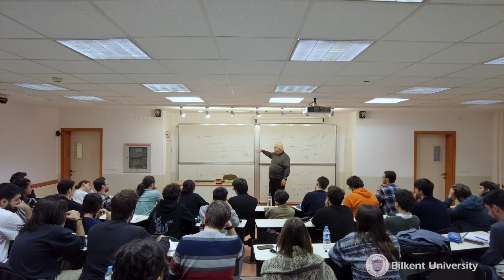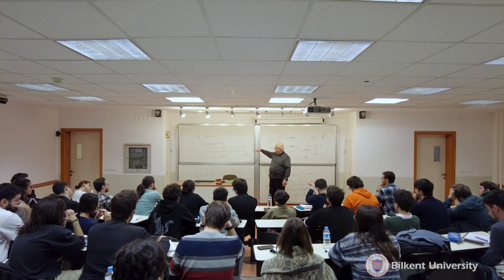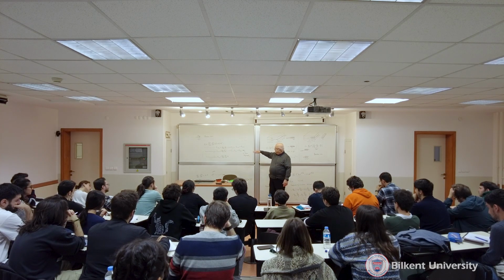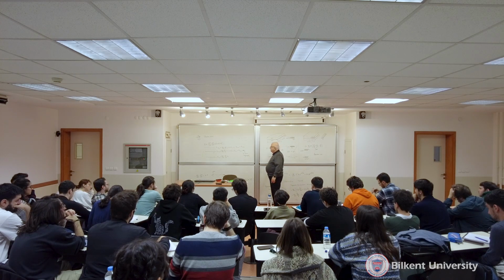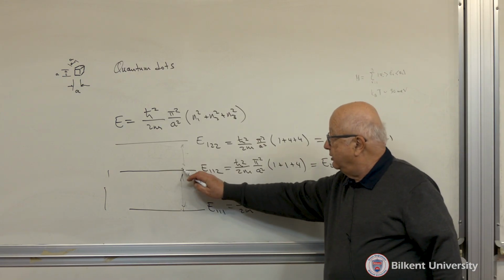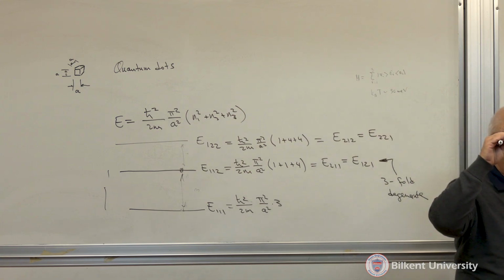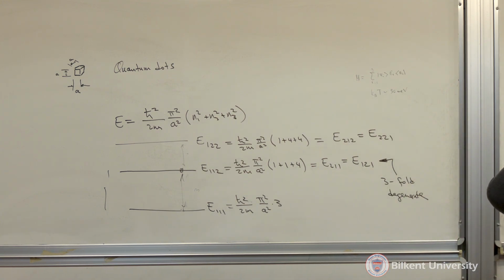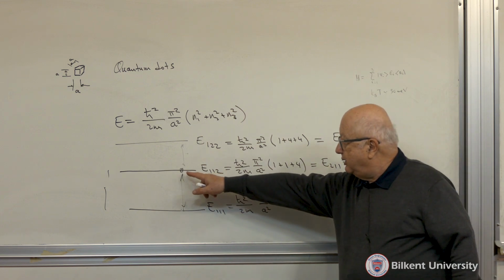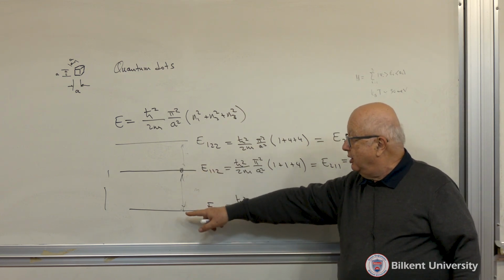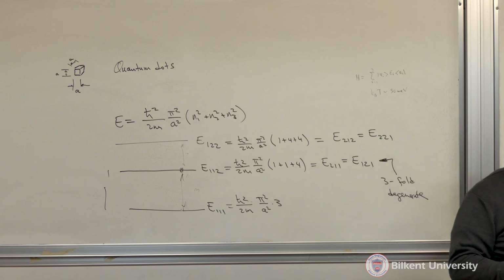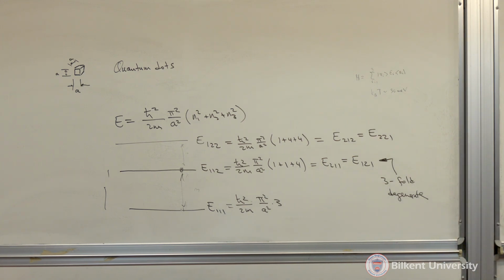Otherwise, of course, you can do various experiments depending on the lifetime of these states. For example, if you can keep the particle at a higher energy state for sufficient period of time without having it decay, you can say this is quantum state 1, and that's quantum state 0. So if you have just a 2-level system, it becomes what's known as a qubit instead of an ordinary computer bit.